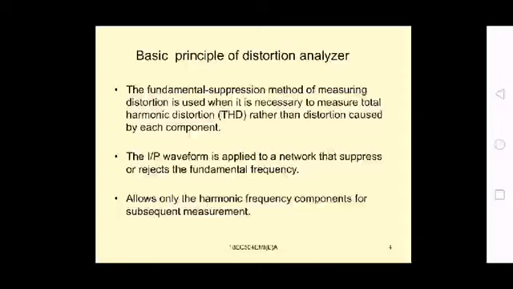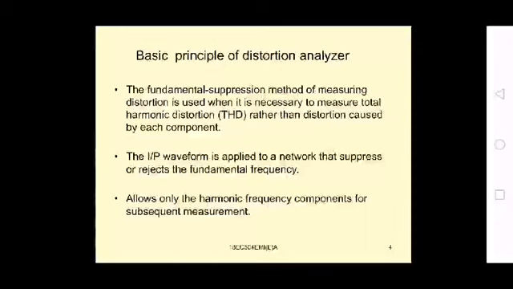So we are suppressing the fundamental frequency component and allowing all the other harmonic components through a circuit, which may be a different circuit. Based on that, we calculate the total harmonic distortion, which is directly measured by a meter.